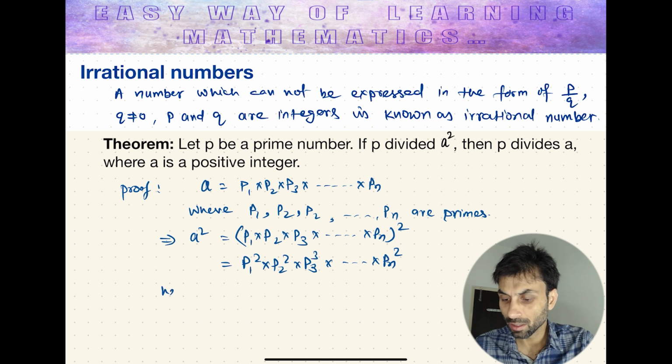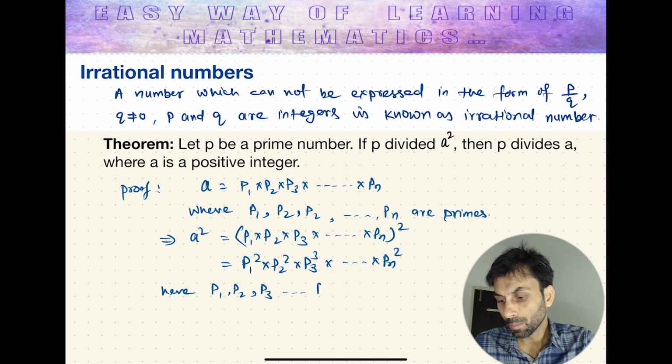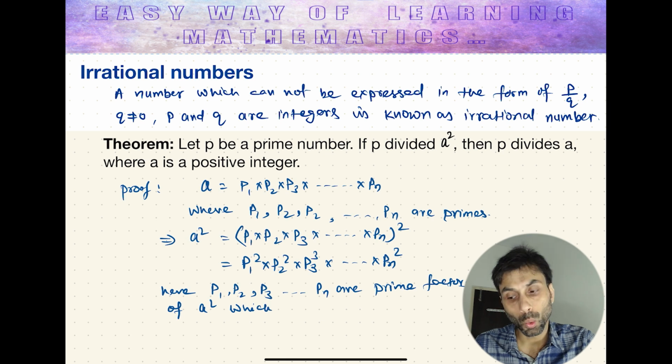So we can say p1, p2, p3 and so on up to pn are prime factors of a square, which are also the factors of a.